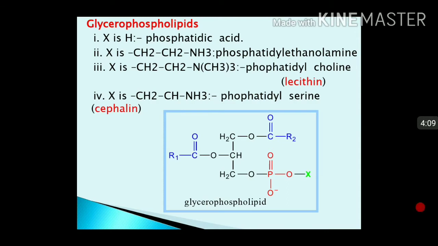So when X is H, it is phosphatidic acid. When X is CH2CH2NH3, then it is phosphatidylethanolamine. When X is CH2CH2N(CH3)3, then it is phosphatidylcholine, which is also called lecithin. When X is CH2CH2NH3, then it is phosphatidylserine, that is cephalin.